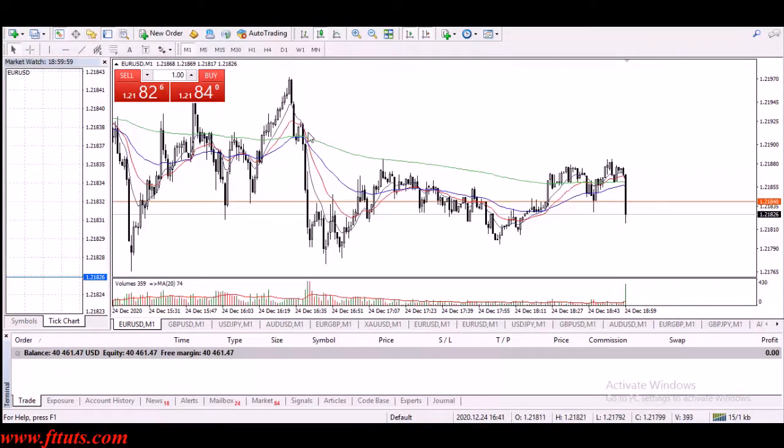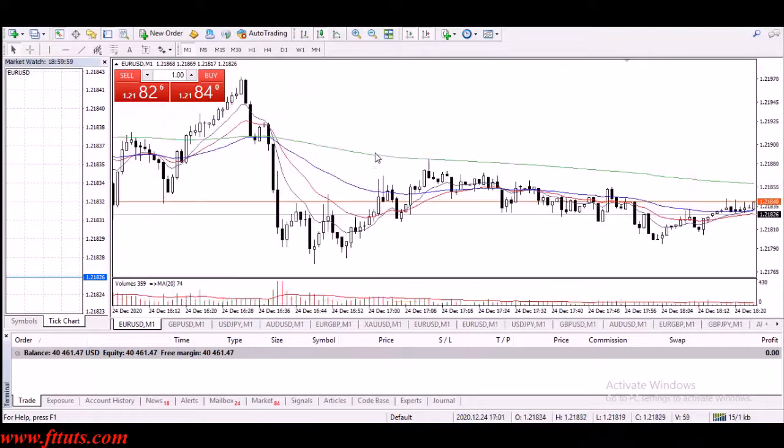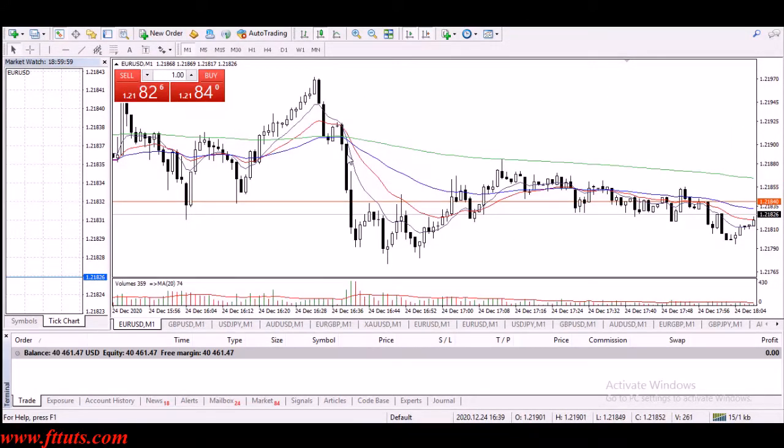As you can see, when a trend starts, either a downtrend or an uptrend, EMAs start crossing each other one by one, and form parallel lines, and the price is going below the EMAs, but the EMAs are following the price.